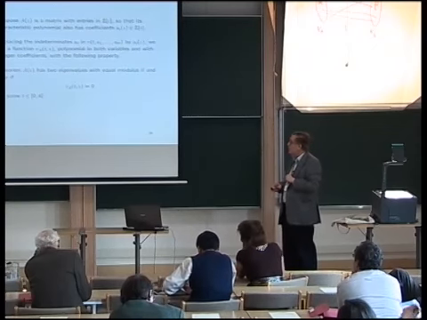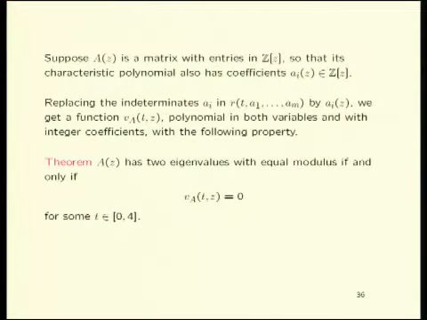So a polynomial in 2 variables, and the nice thing is that we know that, I say if and only if, and I think that's right, if and only if that polynomial vanishes, does the matrix A have 2 equal eigenvalues.